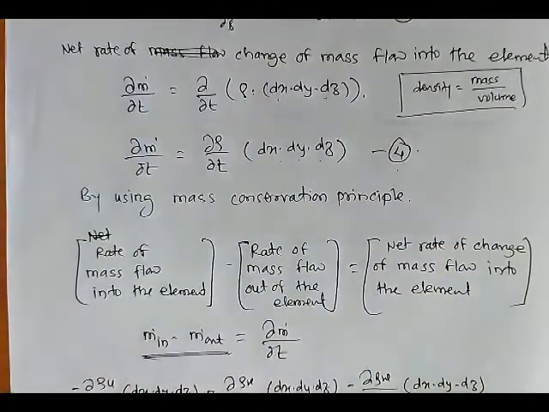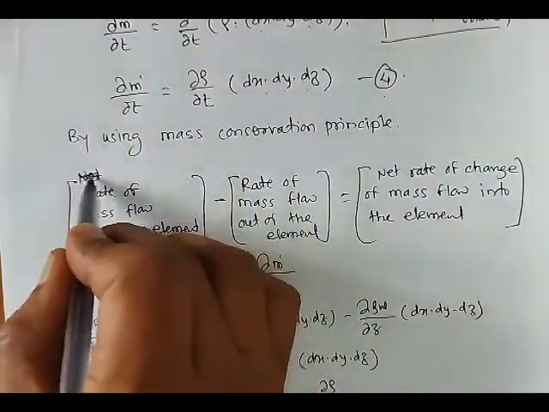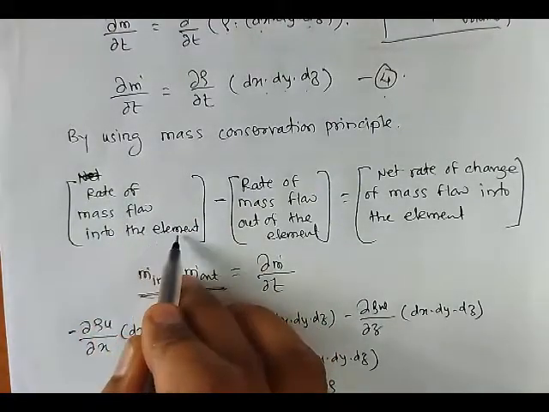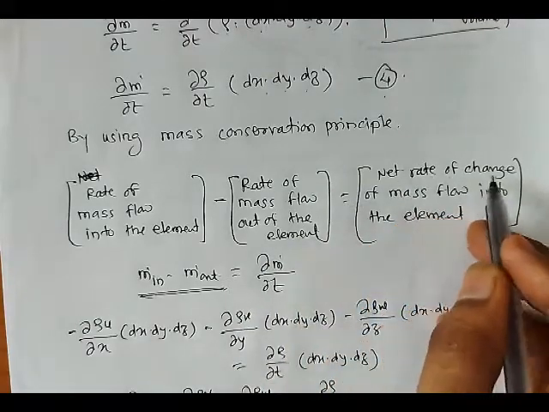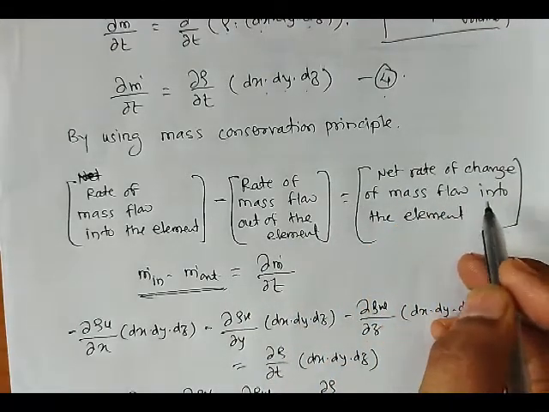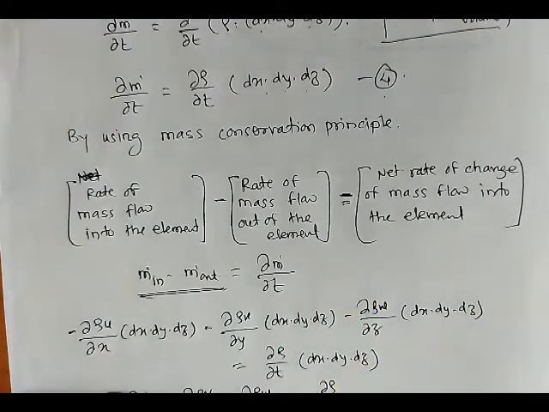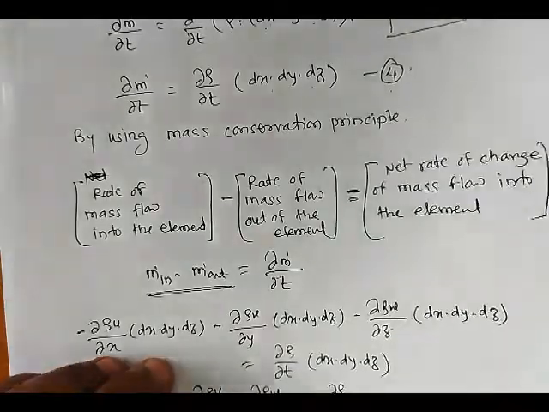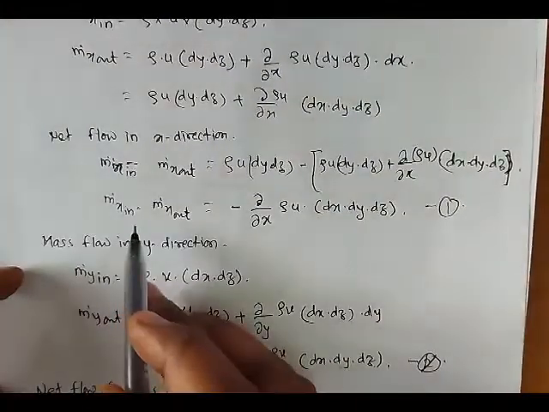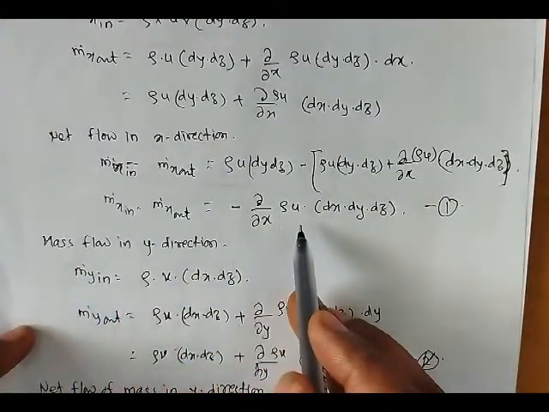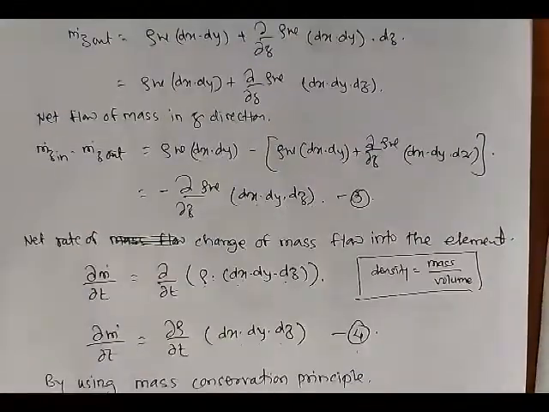Now, by using the mass conservation principle, we have the rate of mass flow into the element minus the rate of mass flow out of the element is equal to the net rate of change of mass in the element. We have already calculated the net rate of mass in the x direction, adding with the y direction, adding with the z direction.